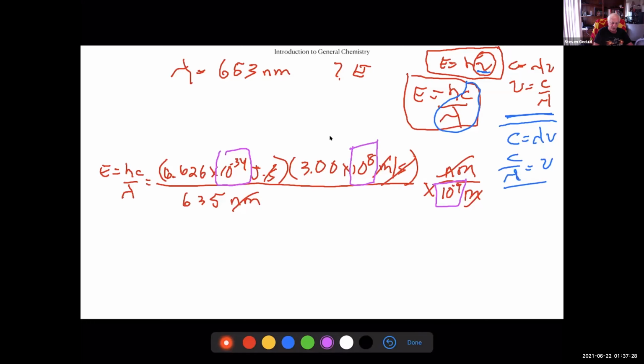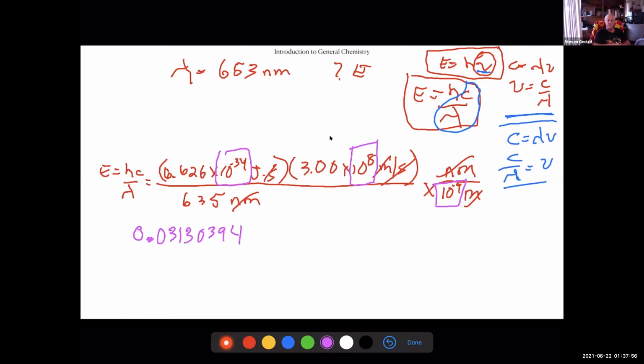Let's do 6.626 times 3 divided by 653. And that comes out to 0.0313 0394.